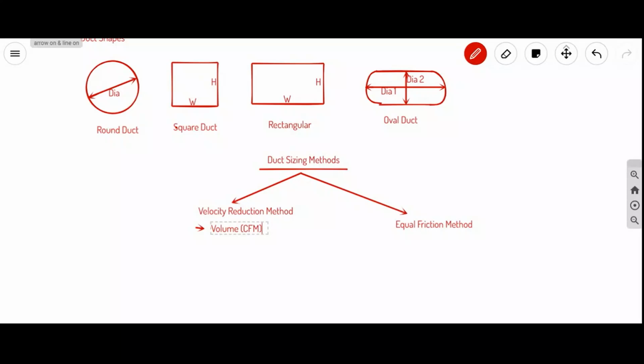And we take velocity in FPM, feet per minute.